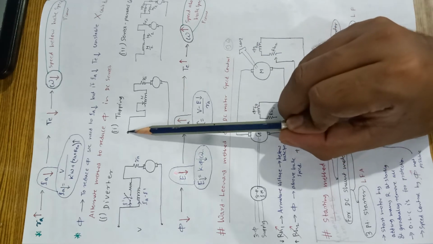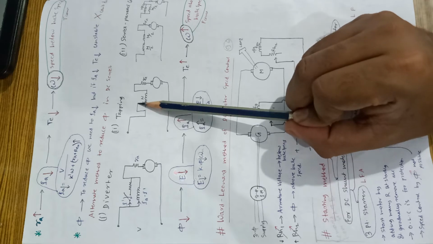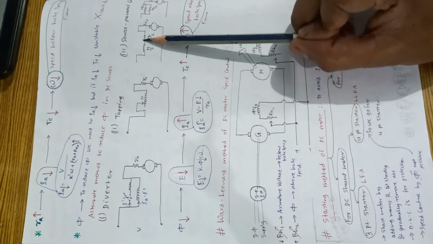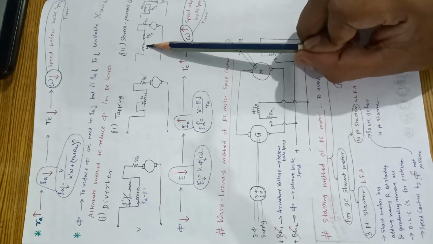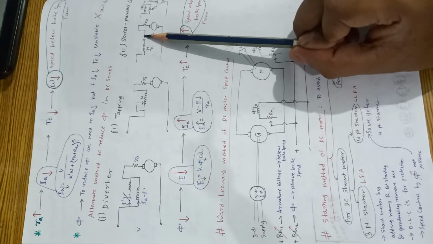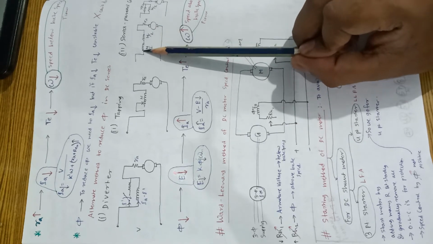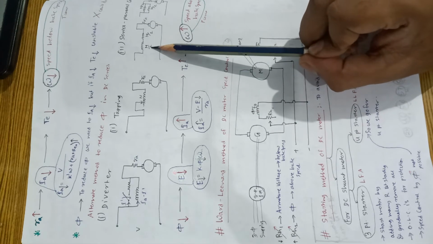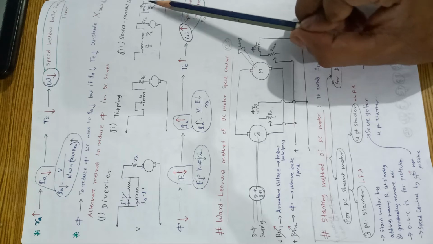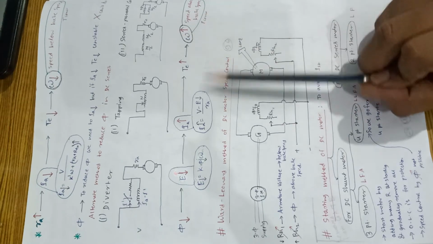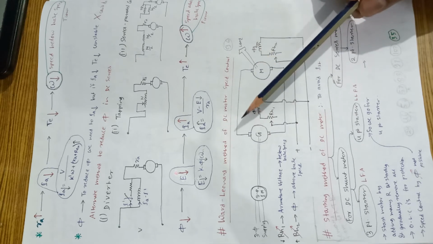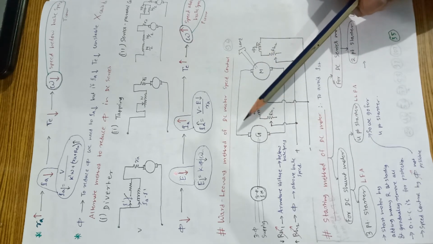If we decrease the field by using tapping, this way also we can do, and by series parallel. If we keep it in series, accordingly we can control this way. Another method of speed control is the Ward-Leonard method.